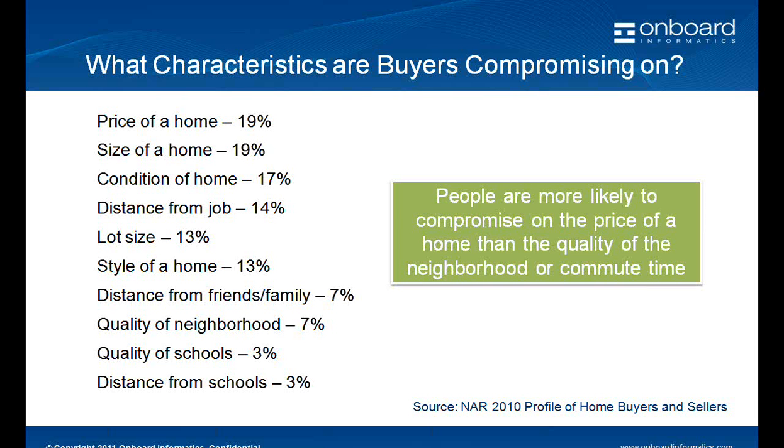Would you rather have that second bedroom, or would you rather live in that neighborhood that fits your needs, where your children might be happy, or, if you're a retired couple, you might feel comfortable living for the next 15, 20, 30 years? So what we found is that more people are more likely to compromise on the price of a home, or the size of a home, or even the condition, than they are on the neighborhood or commute time.